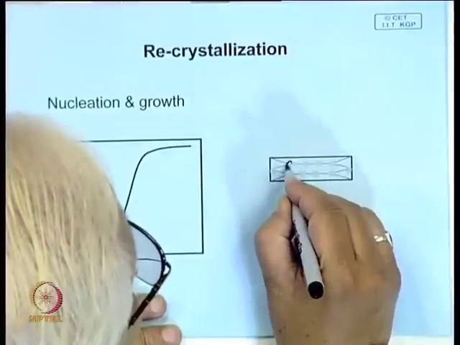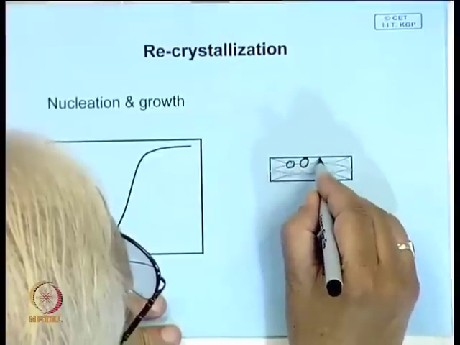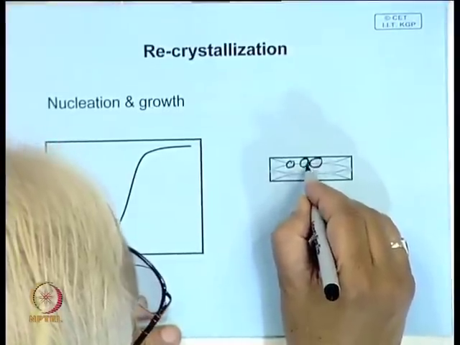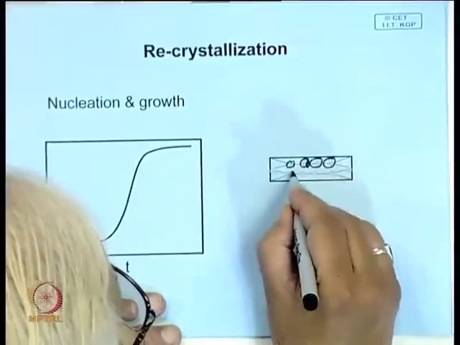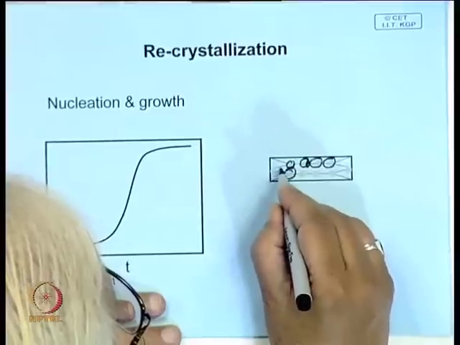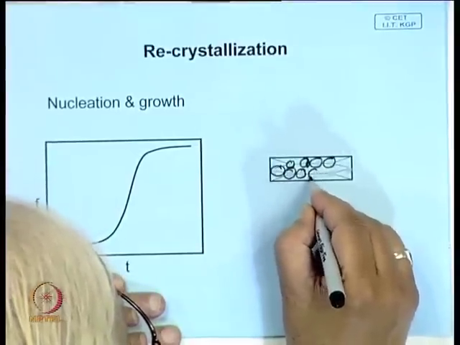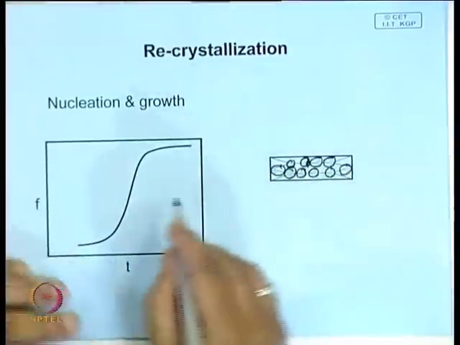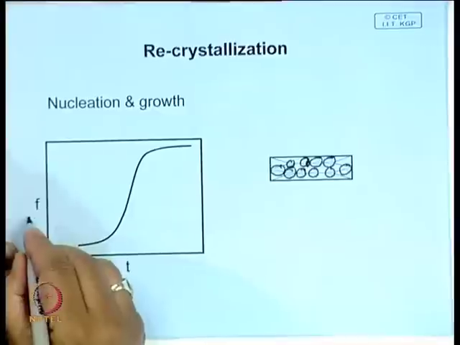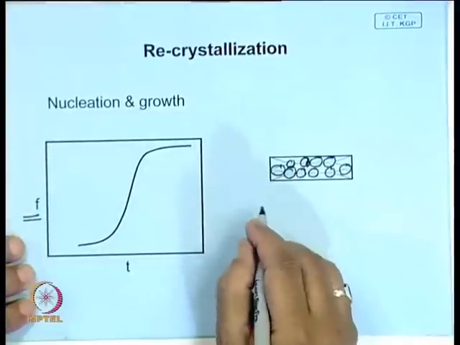As they grow, finally a stage will come when they touch each other, and when they touch, the growth will decrease. When these recrystallized grains touch each other, because of that impingement factor, the rate of growth will slow down.